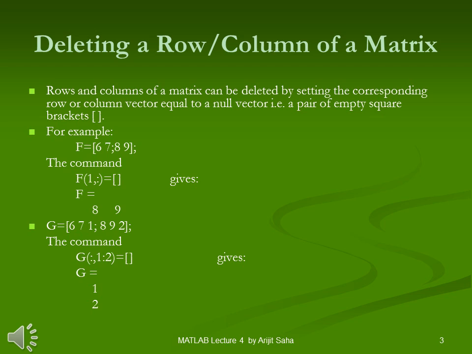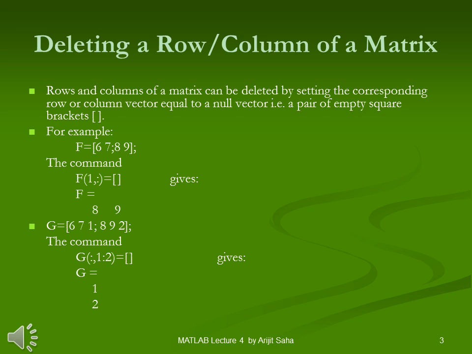The column 6 and 8 is the first column, 7 and 9 is the second column. Now the command f(1,:) = [] gives f = [8 9]. What does it mean? It means that the first row is now emptied.